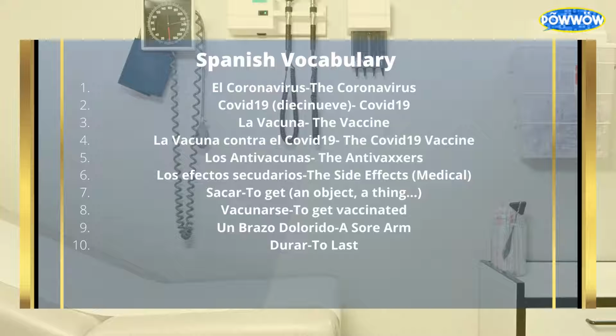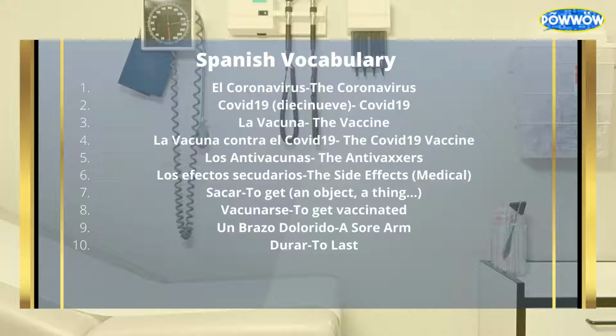I'm going to repeat each word twice in Spanish, and you can see the English definition beside. Let's go. Number one, el coronavirus. Number two, COVID-19. Number three, la vacuna.